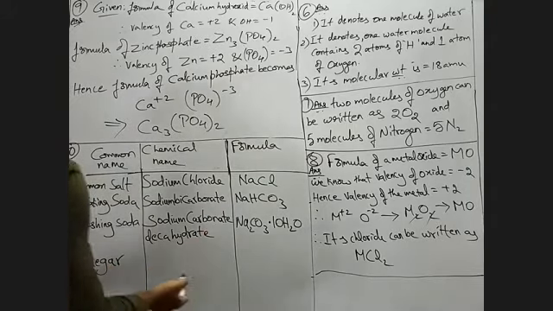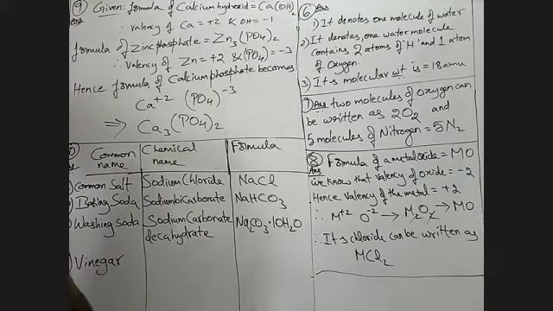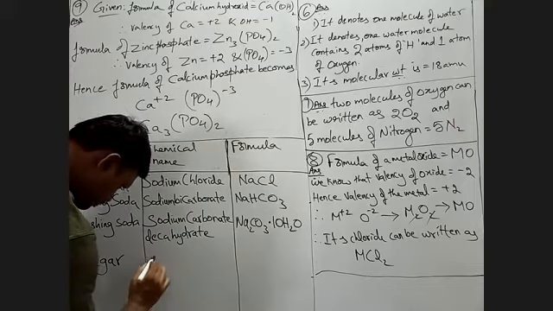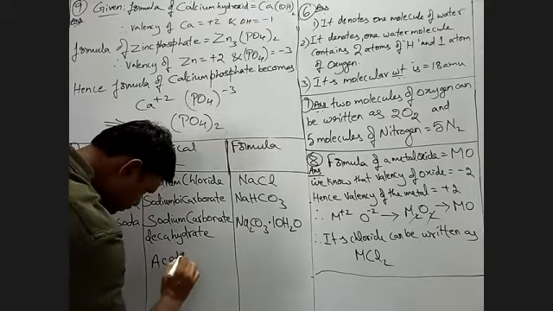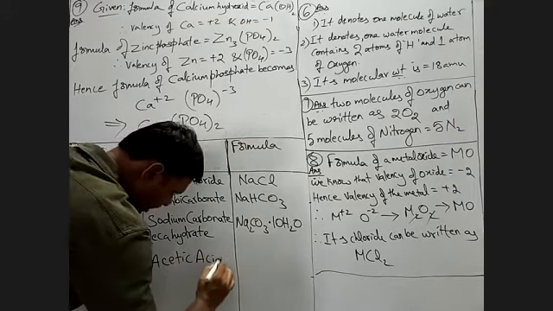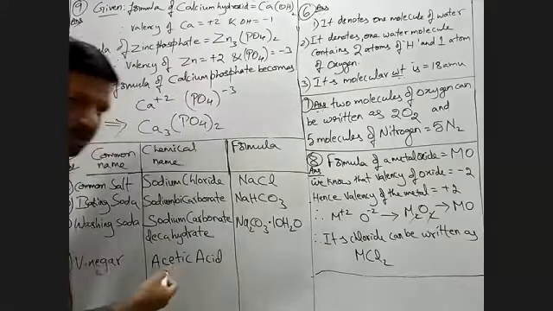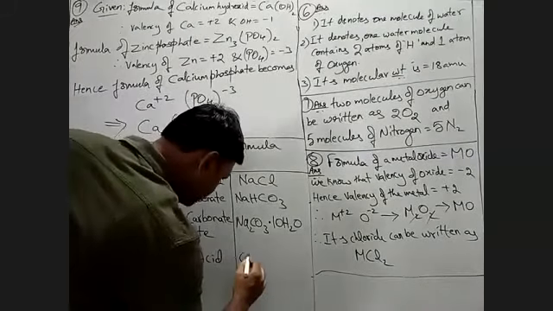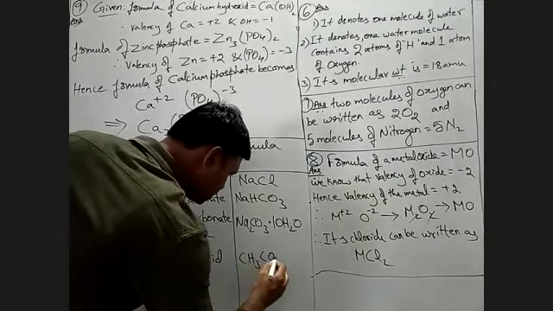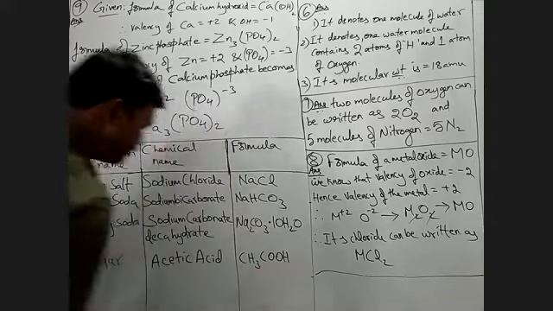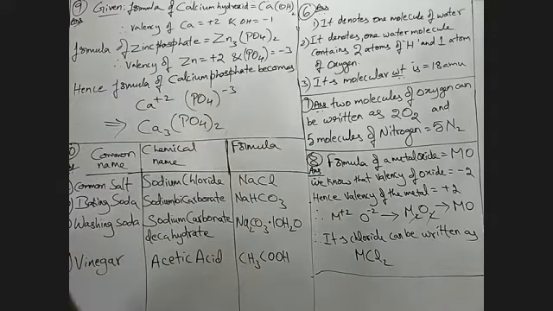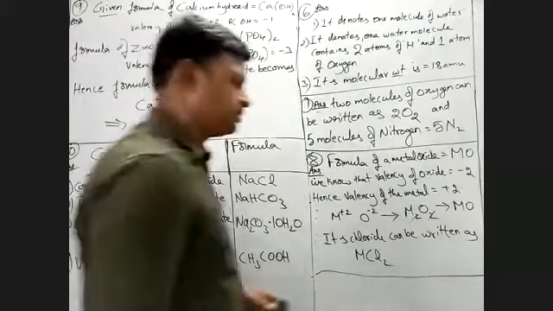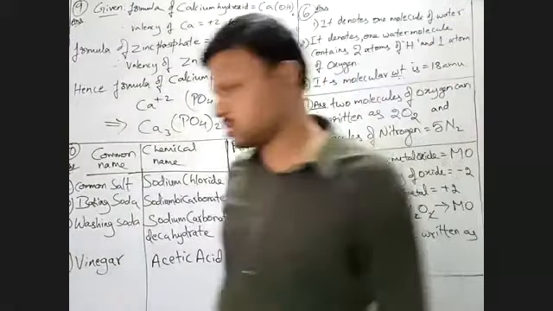So the chemical name is acetic acid. This is a carbon compound, CH3COOH, acetic acid. Right, students? So anything more given? Okay. So 10 questions we have finished. Go to the next question.